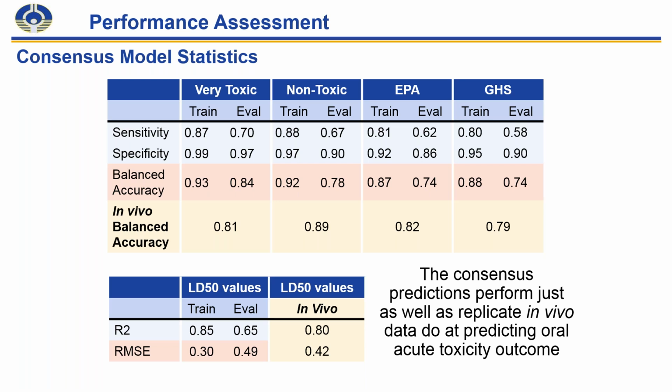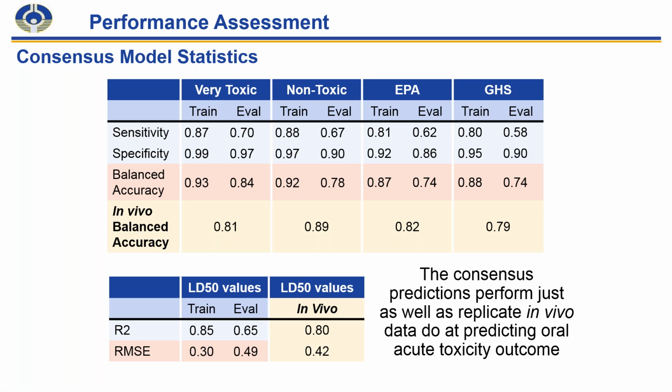So again, looking at this subset of chemicals where we had independently run studies, how often do they agree with one another when you look at the criteria for being able to predict whether something is very toxic or non-toxic or falls into each of these categories. And so that's what you see here in this in vivo balanced accuracy row at the bottom. So that's how often do replicate in vivo studies give you the same answer on the same chemical. And so that's a decent, I think, surrogate for establishing expectations for performance of a predictive model.